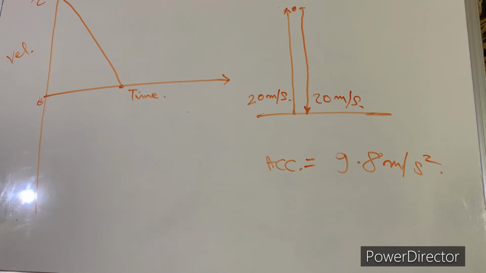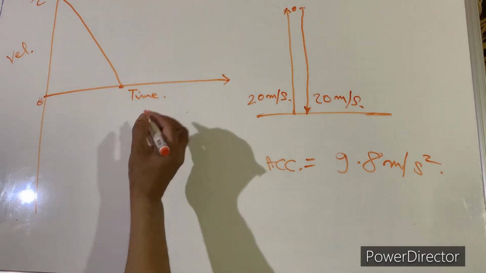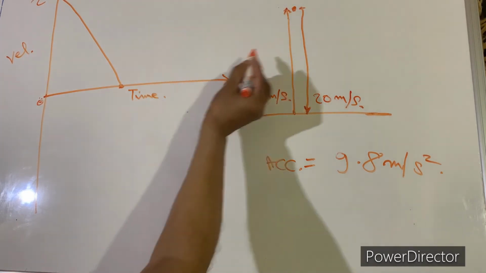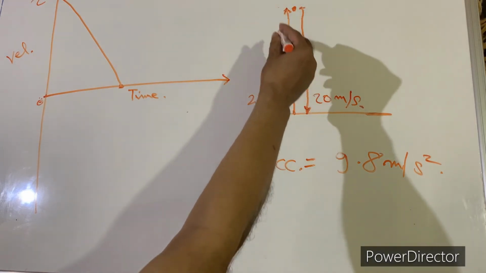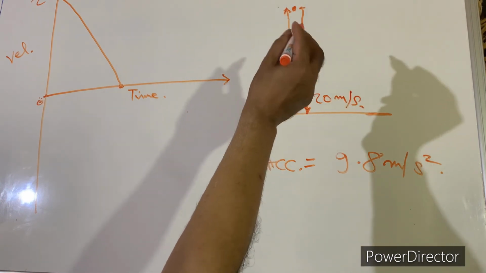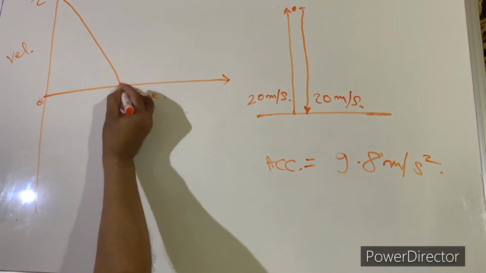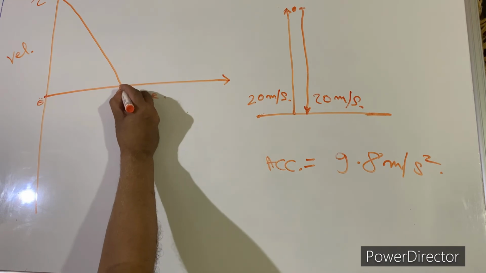When the body is falling downwards, the velocity will go on increasing at a constant rate. Hence the velocity time graph will again be a straight line, isn't it? So the time taken will be the same as the time while going up. Hence the velocity at this point was 0.